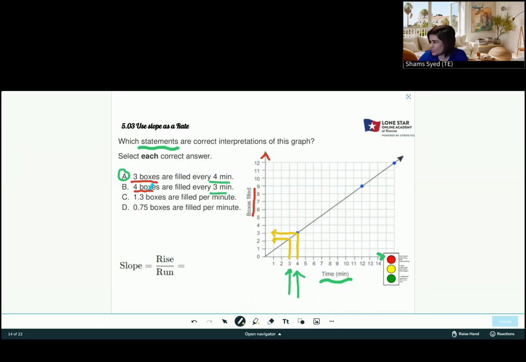Not 4, just a little bit more than 2, but not 4 boxes are being filled. So this number we cannot agree to. Again, notice the last 2 answer choices have to do with finding per minute. Whenever you're finding an answer for per, you are actually thinking about slope. Are you guys ready to find the slope?